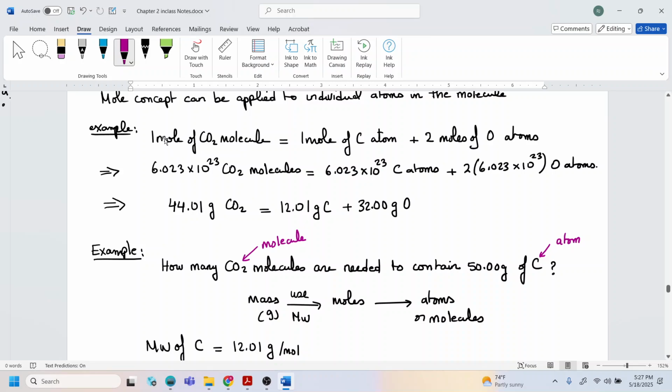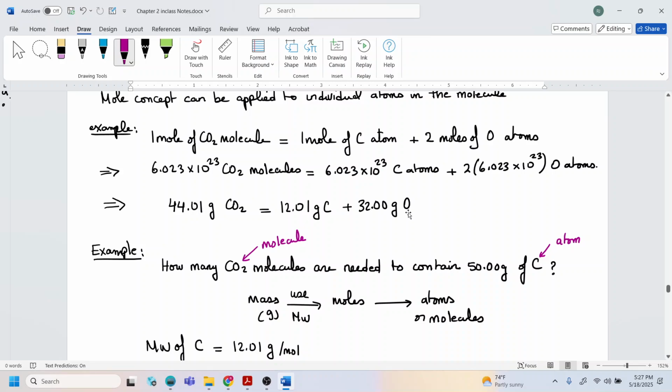Please remember that every 1 mole is an Avogadro number. So this means that Avogadro's number of CO2 molecules is equal to Avogadro's number of carbon atoms, which is equal to 2 times Avogadro's number of oxygen atoms in there. And that is equivalent to the molecular weight of the molecule, which is equal to the individual masses of these atoms.